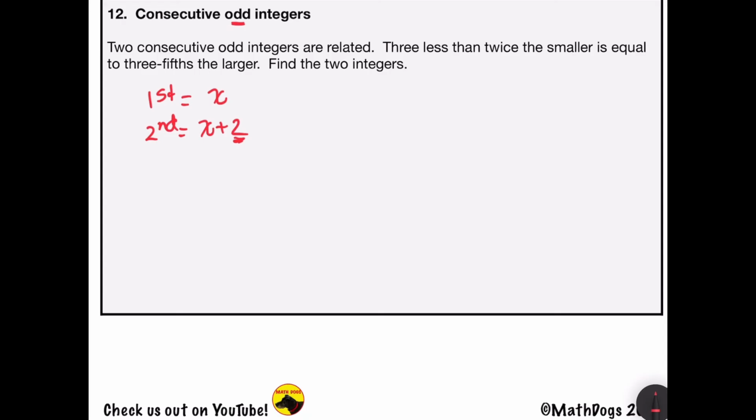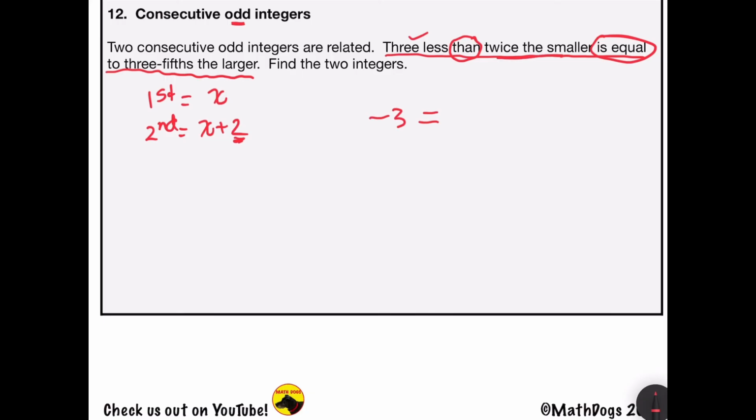Now I'm going to use translation to write my equation. It says 3 less than twice the smaller is equal to 3/5 the larger. So here's my "is equal to" part. That's my equal sign. 3 less than, here's the word "than," so I'm going to reverse the 3. It's written first in words, but second in symbols.